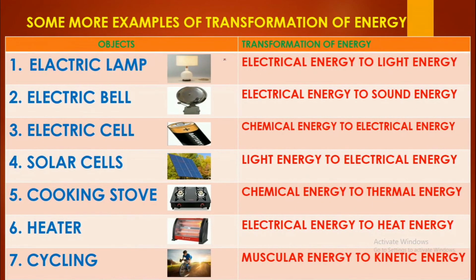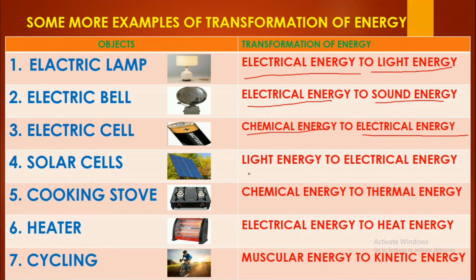So here are some examples of transformation of energy. What happens in an electric lamp? Electrical energy is converted into light energy. Electric bell: electrical energy is converted into sound energy. Electric cell, as I told before, chemical energy into electrical energy.